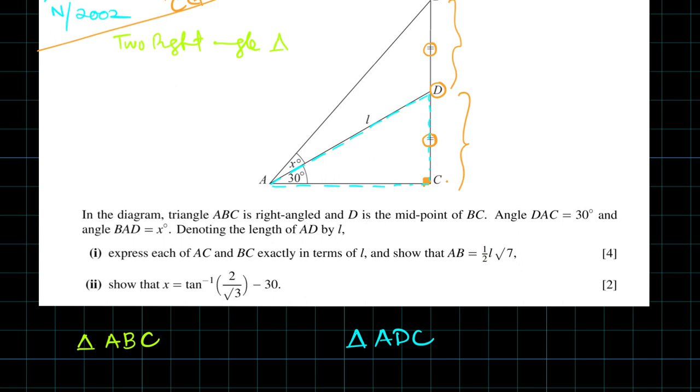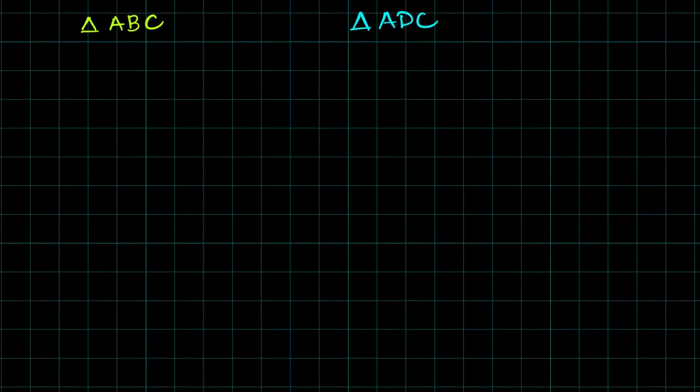So we have ADC. Let me grab a straight edge and draw a right angle triangle like this, and let me label it. So this is A and this is D and this is C and this is L. And this angle is 30 degrees.